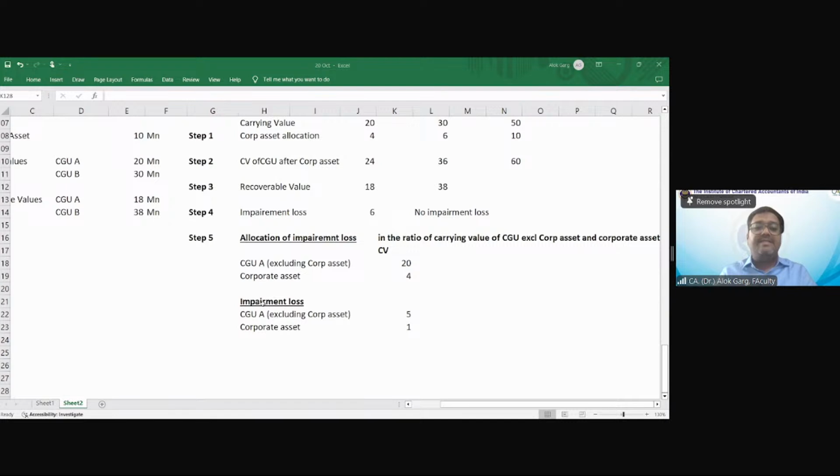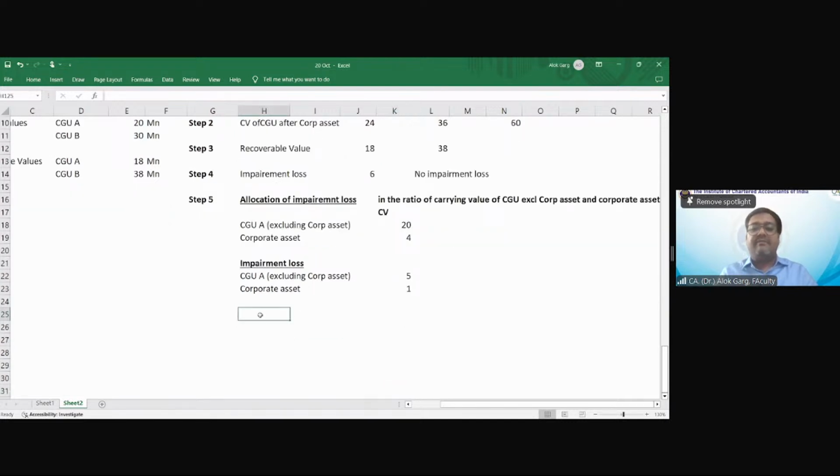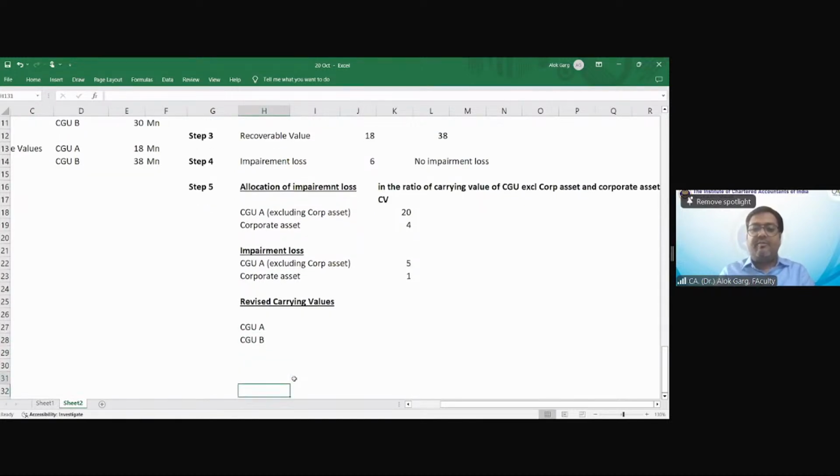What is my revised carrying value? Now what will be the revised carrying value of these three assets: CGU A, CGU B and corporate asset? What was my earlier carrying value? 20, 30, 10.